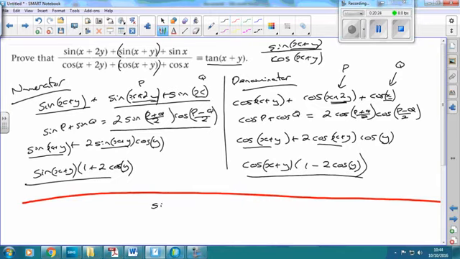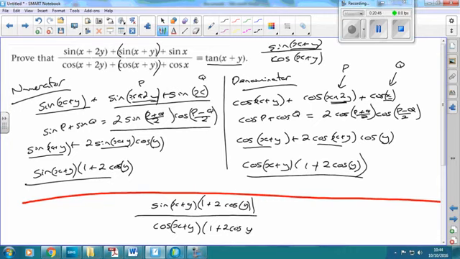We've got sine of x plus y, 1 plus 2 cos y, over cos of x plus y, 1 plus, sorry, should be plus there, 1 plus 2 cos y. Now what we see is that this cancels out on the top and the bottom, leaving you with sine of x plus y over cos of x plus y, which equals tan of x plus y.